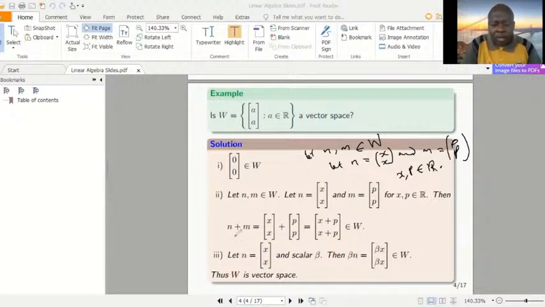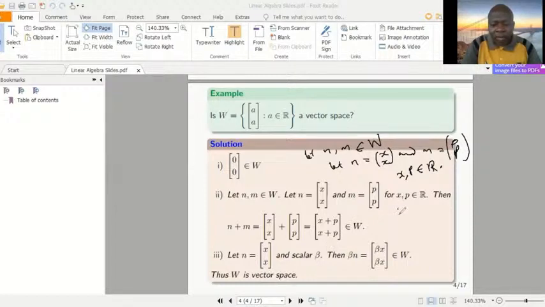And then what will be the sum of N plus M? It's this plus that. Remember, x was a real number, p was a real number, so the sum will be a real number. Again the sum will be a real number. That means this will be a vector of real numbers, so it will be in W.